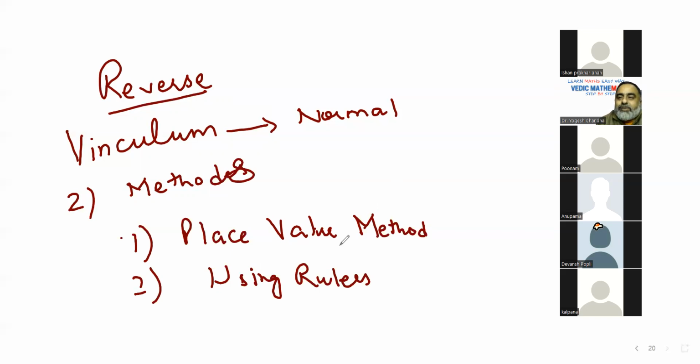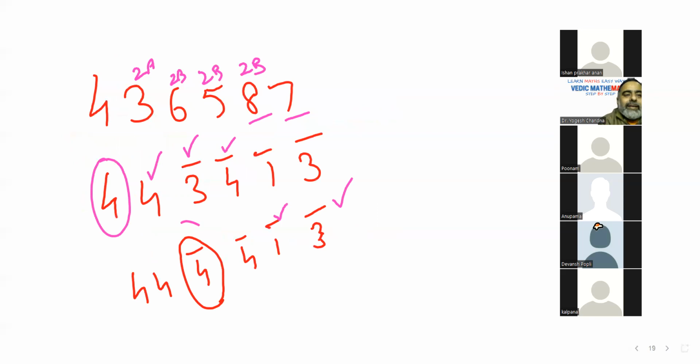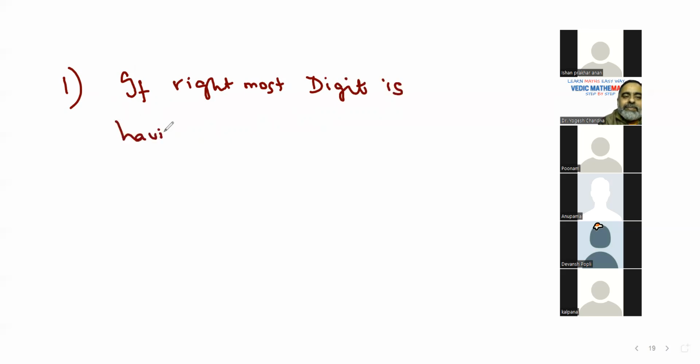Right, so the first is the place-wise method. Second is using rules. Let's write the rules over here. First rule: if the rightmost digit is having a bar, what does that mean?